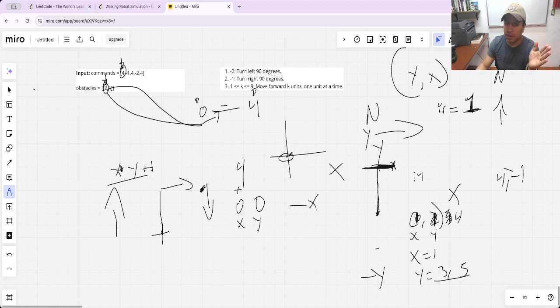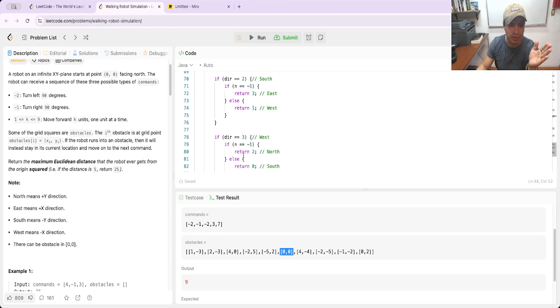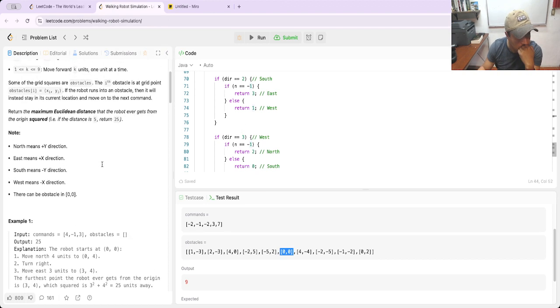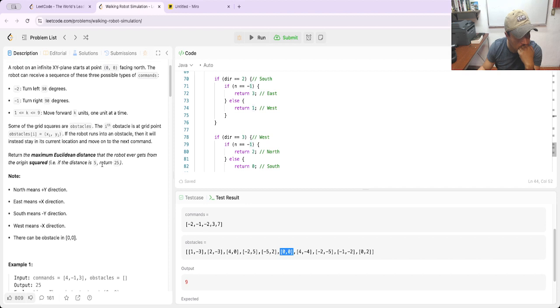Should remove this obstacle, because in another way all the time is still in the same position. The rover runs in the obstacle, they will instead stay in the current location and move on to the next command.